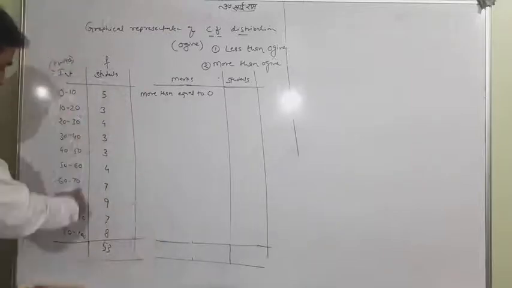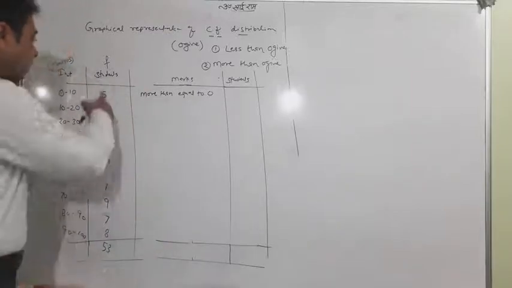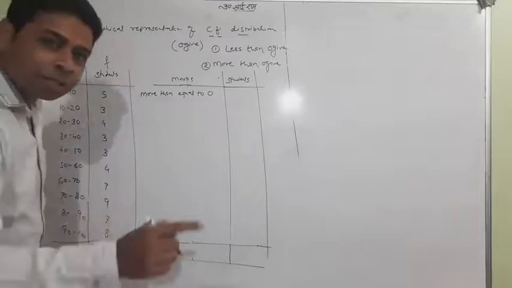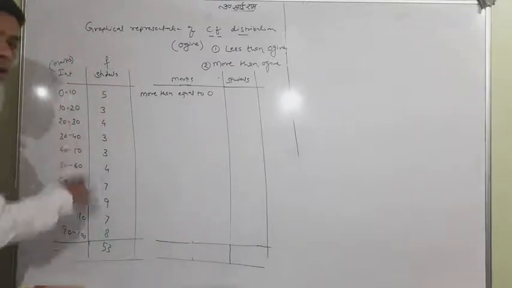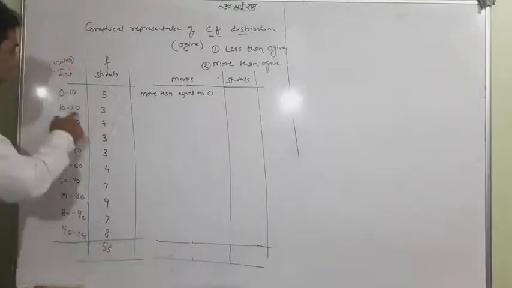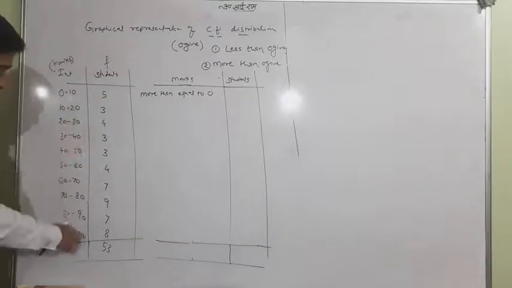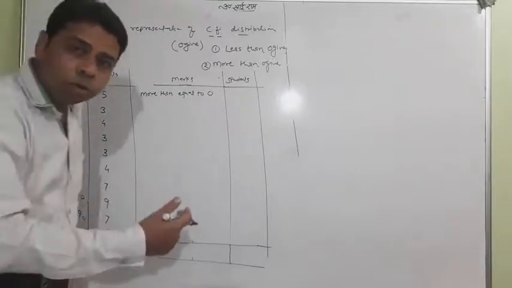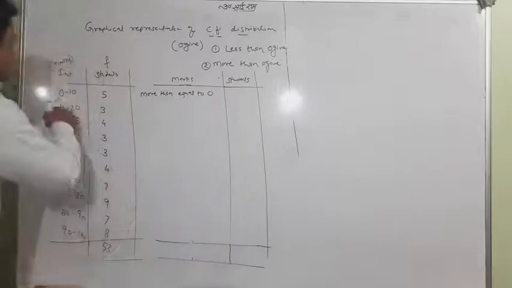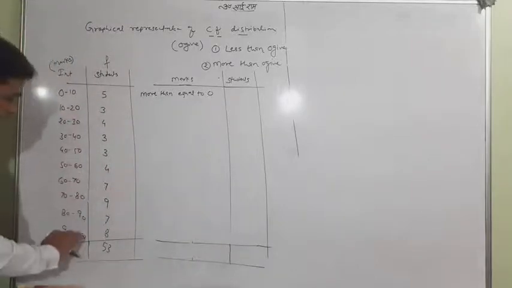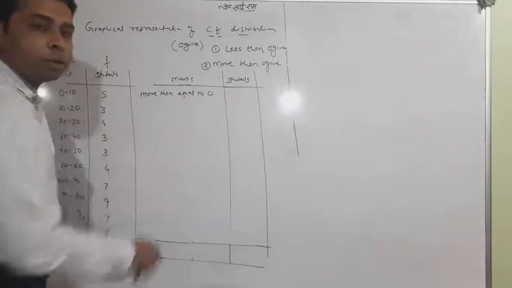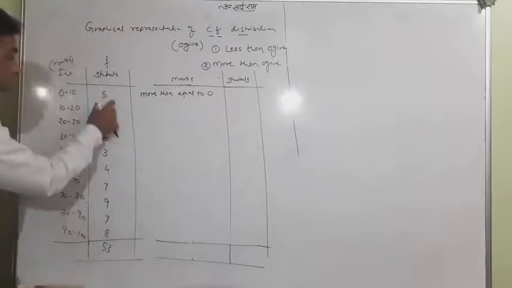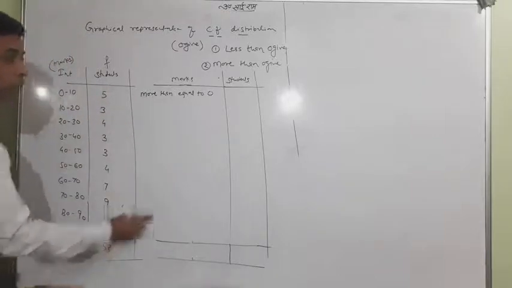Suppose these are the marks till 100. If I ask how many students got more than 0 marks, what is the meaning of more than 0? More than 0 till 100. So all the data will count in this language, so all 53 students will be here.